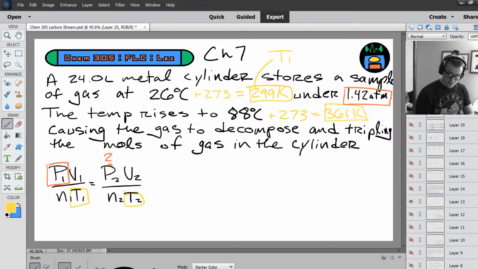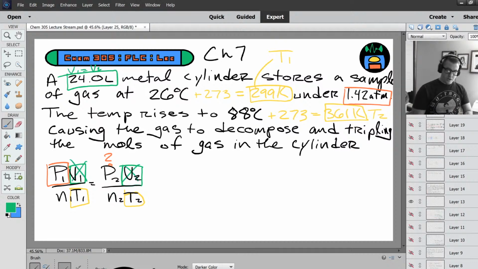This down here is T2. You'll notice that our volume for this situation is constant. We're in a metal cylinder, it doesn't change. So V1 is equal to V2 here, and they cancel out of this equation.